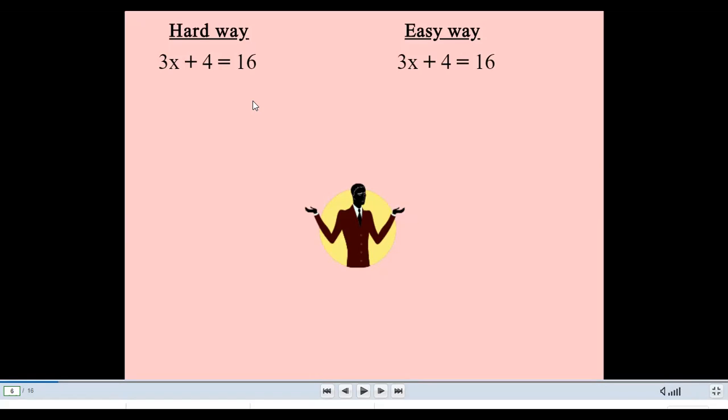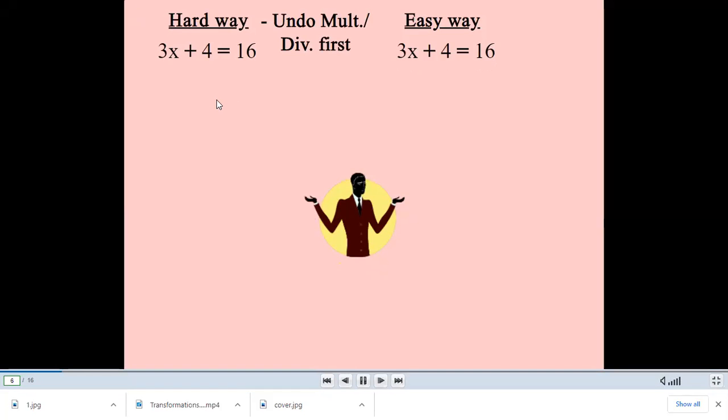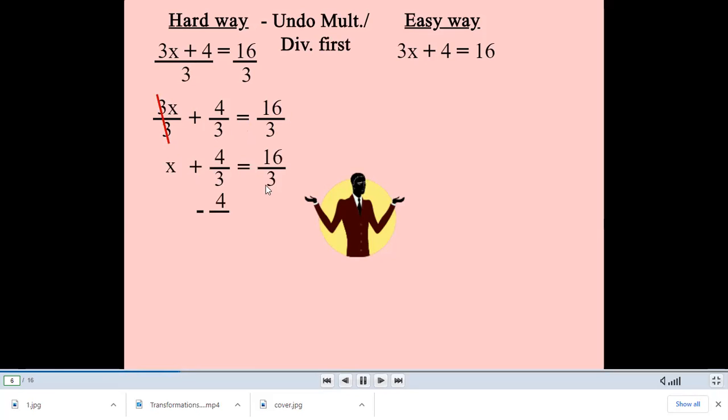Then we can say that I'm going to use the opposite operation, right? So someone maybe will say we want to divide both sides by 3. Then 3x divided by 3 is 1x, plus 4 over 3 equals 16 over 3.